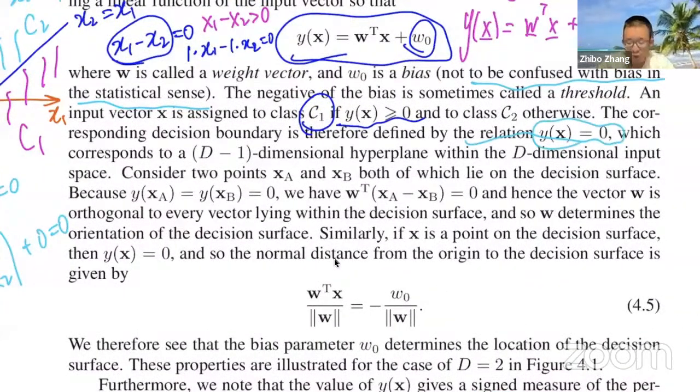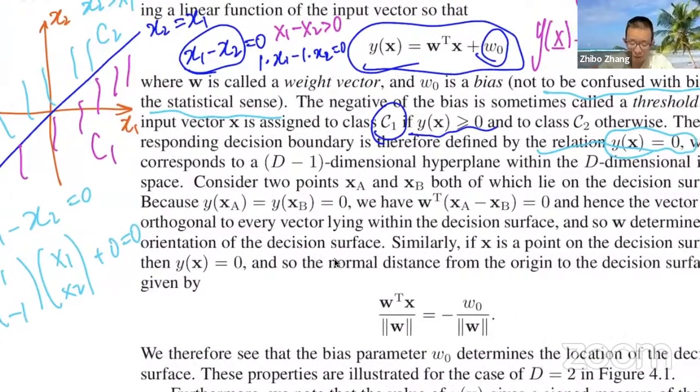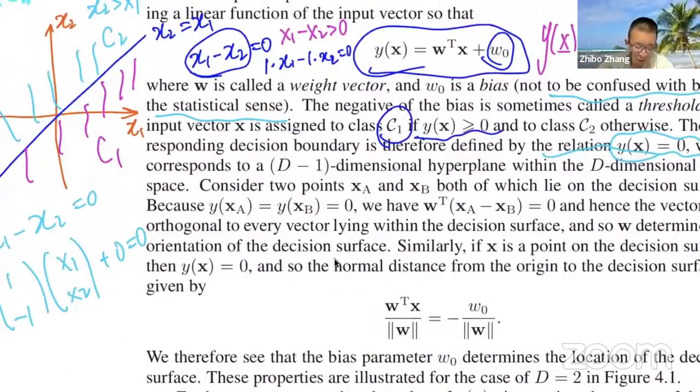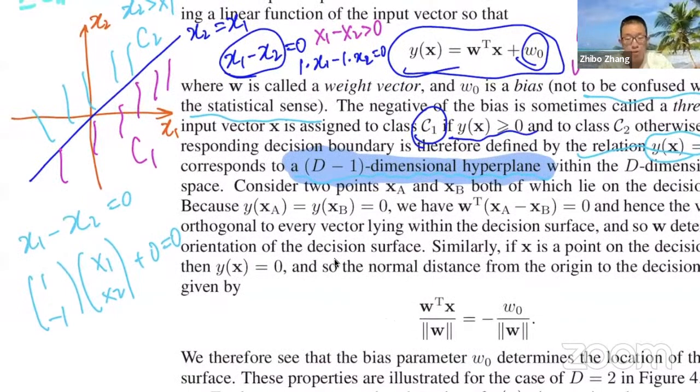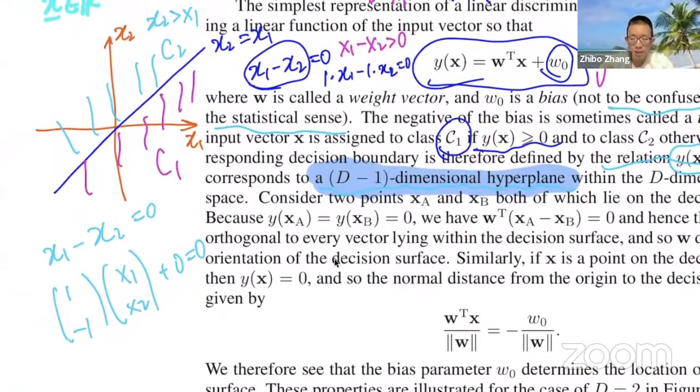It's defined by the relationship that this output y(x) is equal to 0. And you see this part is super important. It says that this decision boundary is a D minus 1 dimensional hyperplane. For any D, this is the case. Let's take the 2-dimensional case as an example.